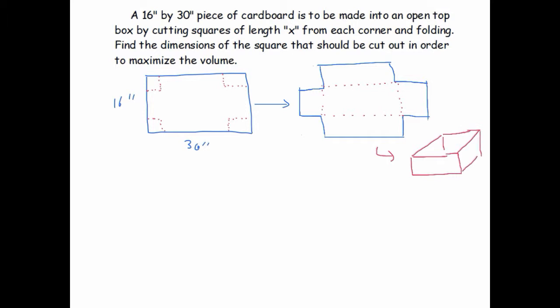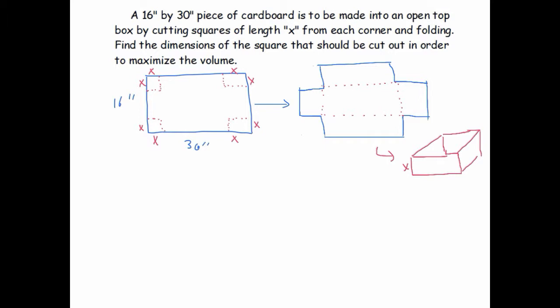You could make something that looks like this, where this here would correspond to the dimensions of that square that you cut out. All right, so hopefully you're convinced that that can be done.